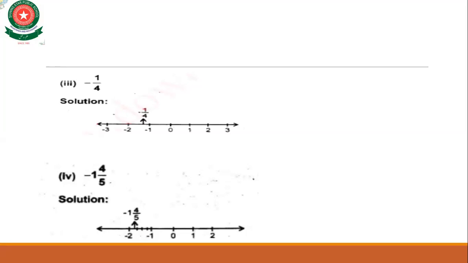Same as it is part number 4. Here we draw a number line between minus 2 and plus 2, and when we solve the equation, the answer is between minus 1 and minus 2.